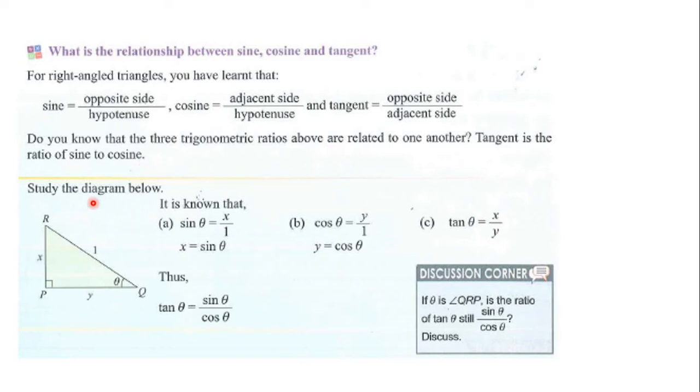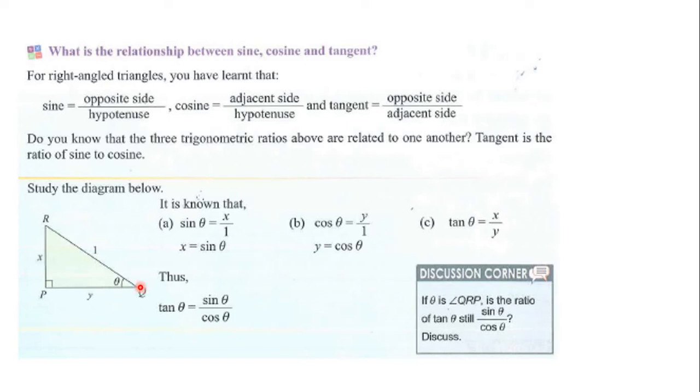Let's study this diagram. You have right angle triangle PQR, and given the measurements PQ is Y, PR is X and RQ is 1, and this angle theta. It is known that sine theta is opposite over hypotenuse.